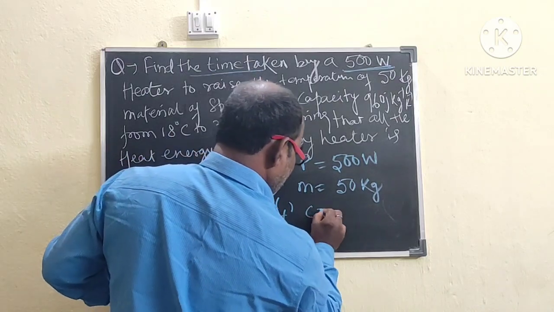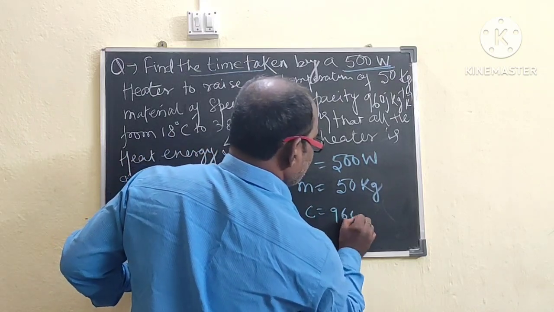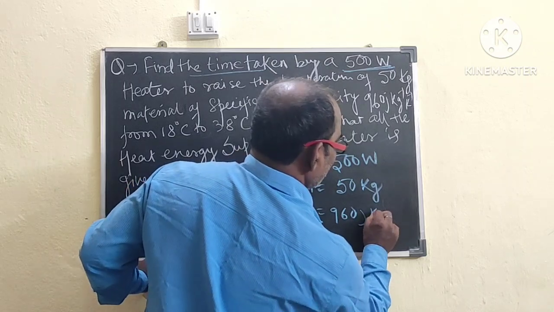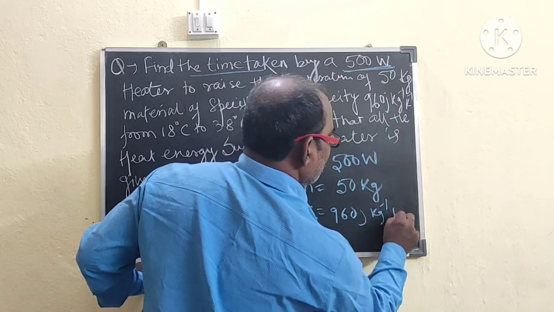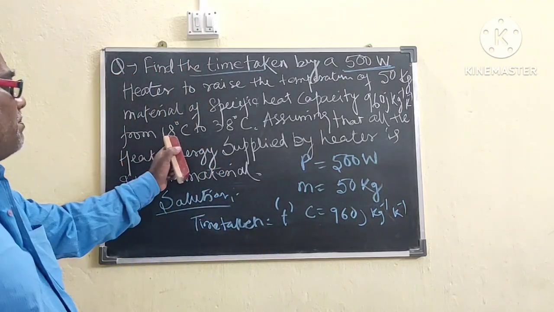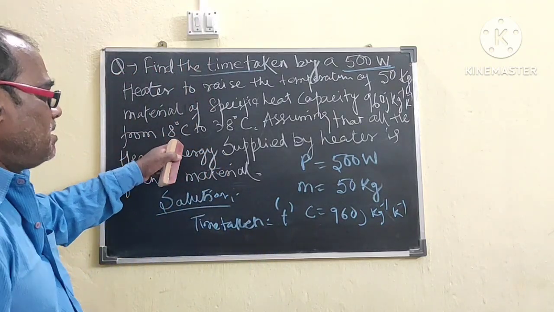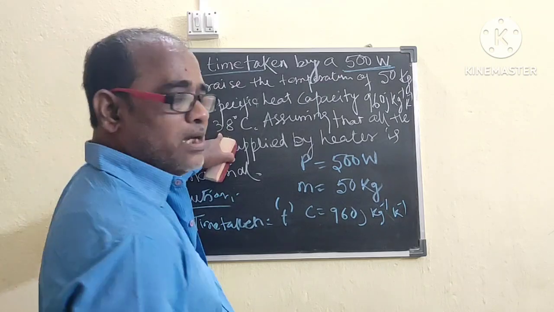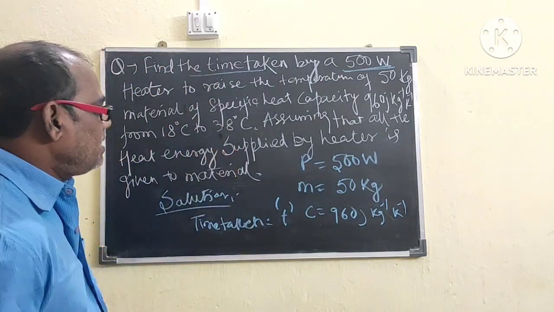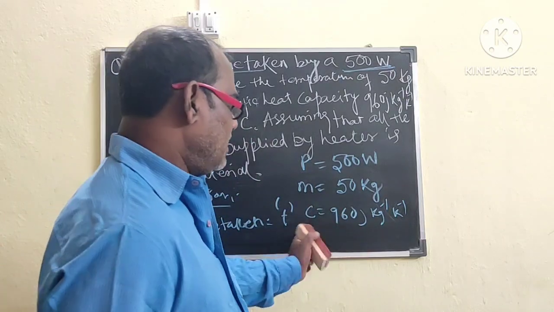That means C is equal to 960 joules per kg per Kelvin. Again they have said the initial temperature was 18 degrees Celsius and the final temperature was 38 degrees Celsius. So you write initial temperature as 18 degrees, final temperature as 38 degrees Celsius.